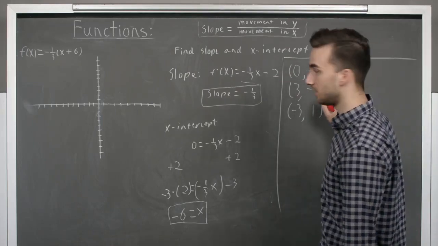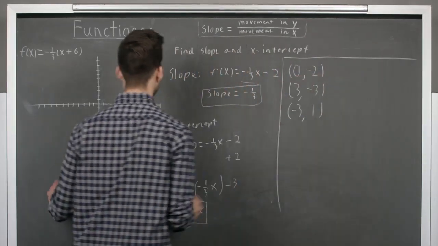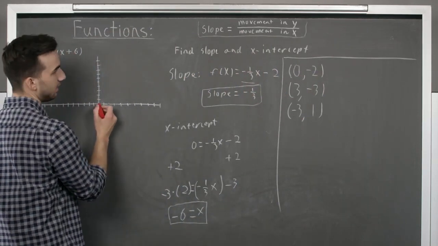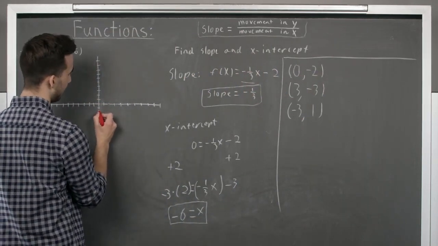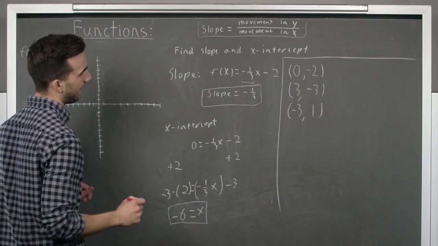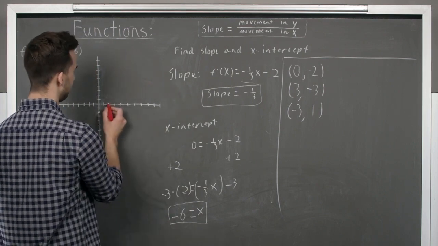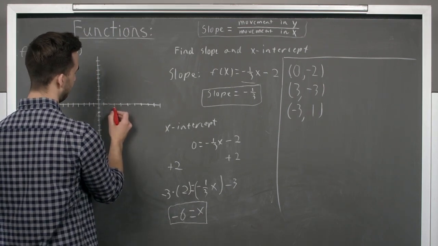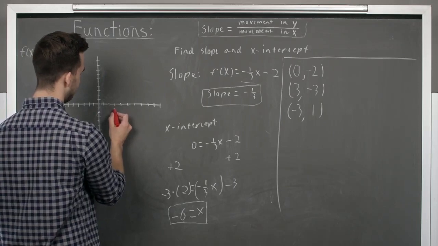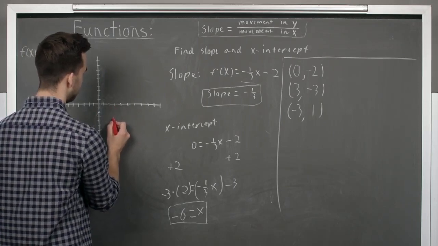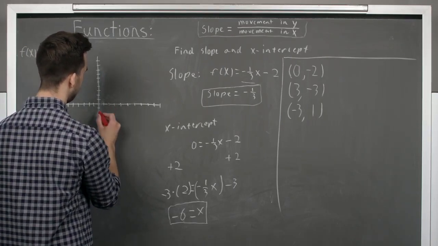So I'm just going to go ahead and graph these points. 0, negative 2 is right here. Okay, and then for x is equal to 3, and then y negative 3, so 1, 2, 3 down. Okay, so that's that point.